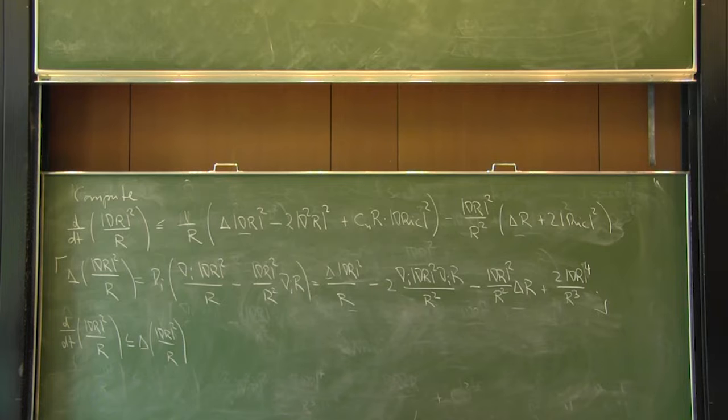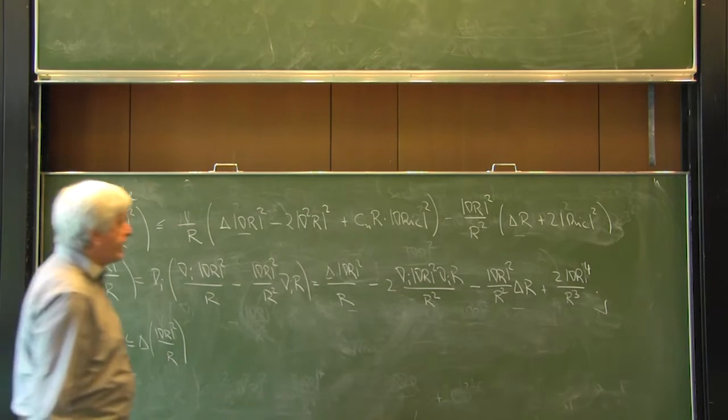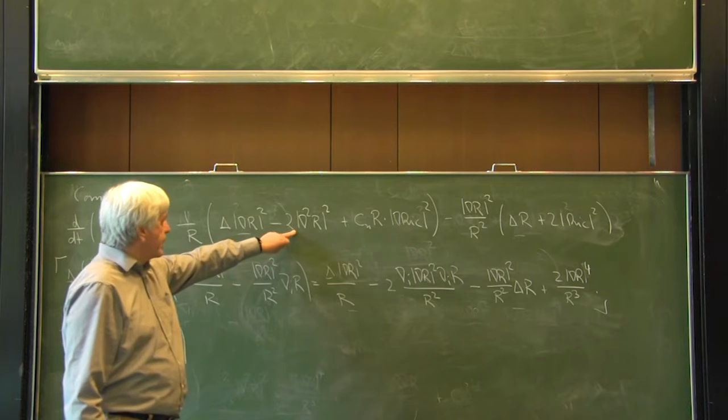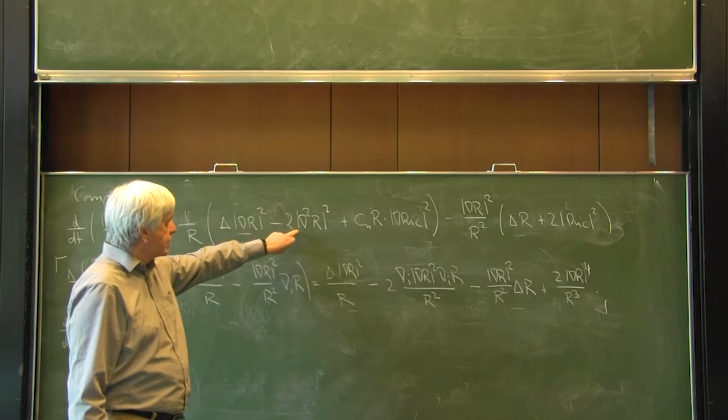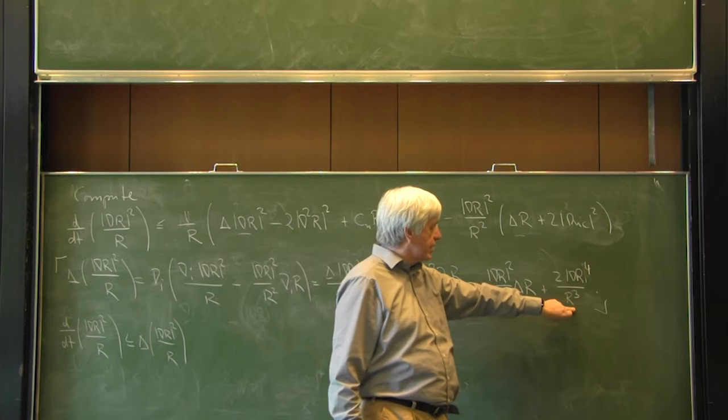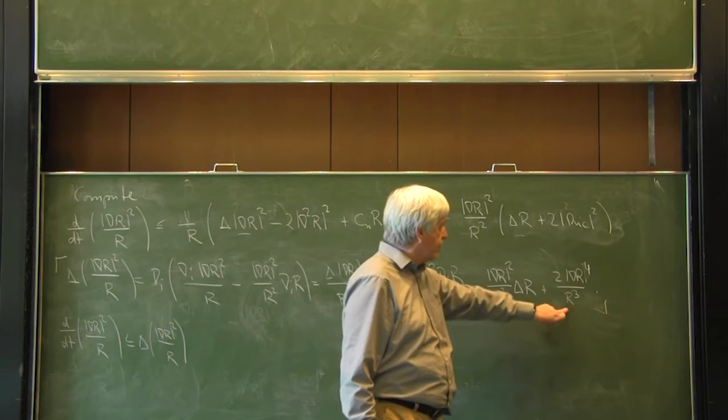And then, if you stare at this, we get a good term from here, the Hessian squared, and we get a good term from here because this goes to the other side, gradient R to the 4.